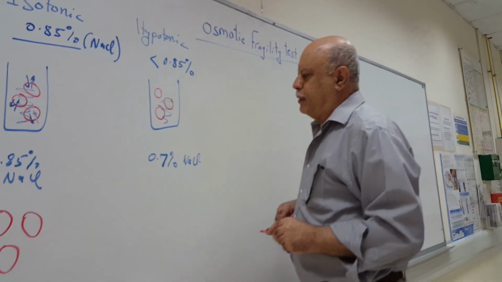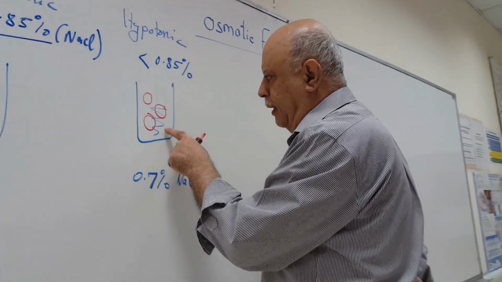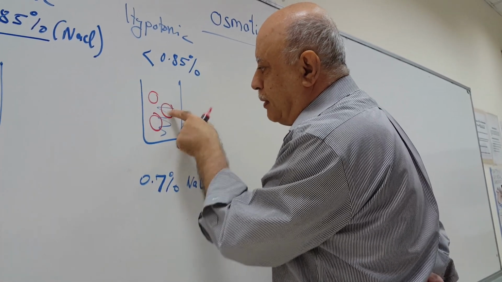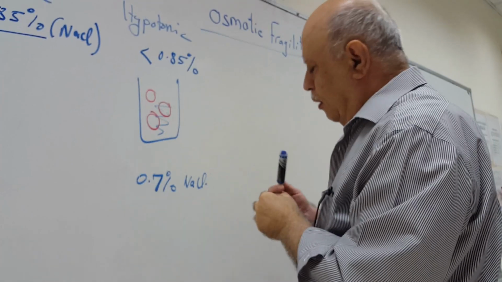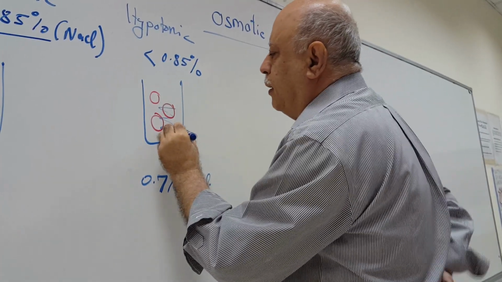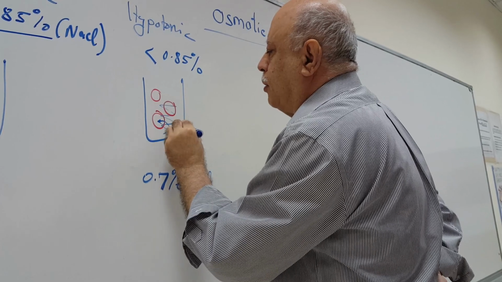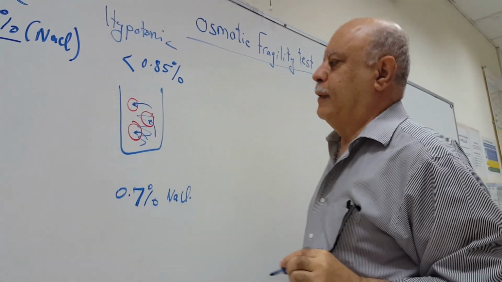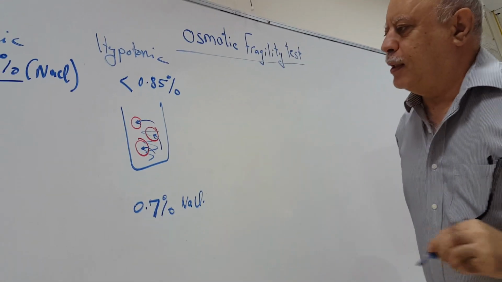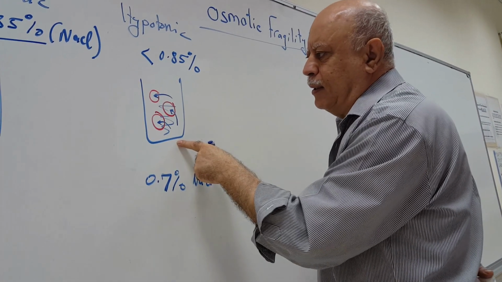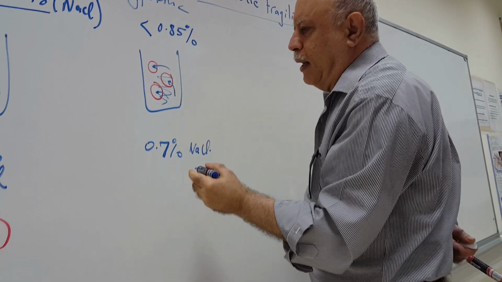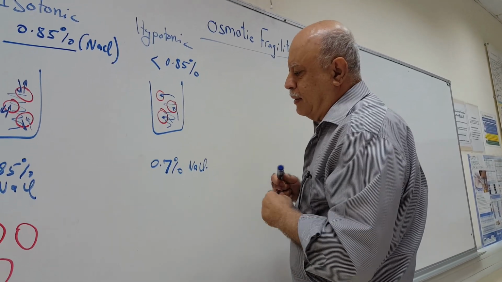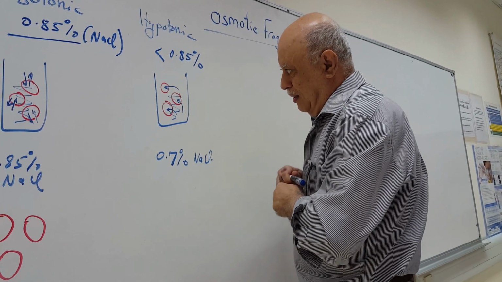Here, the opposite. Here we have 0.7% outside and 0.85% inside. The water goes from the solution into the RBC. So what happened to the RBC here? Yes, it swells. It becomes bigger.